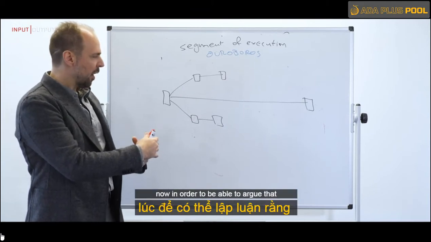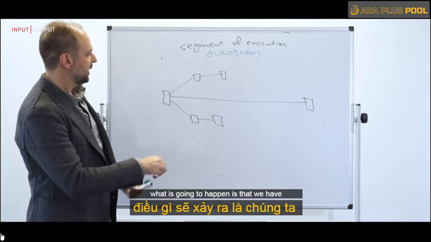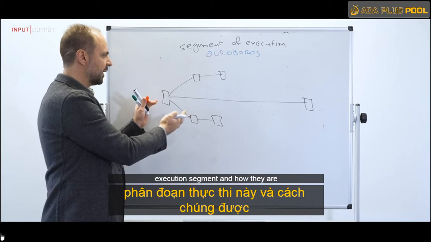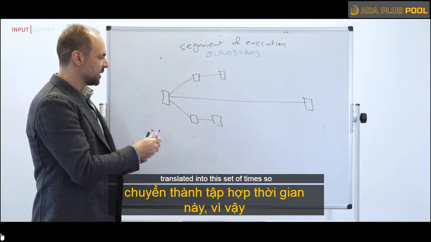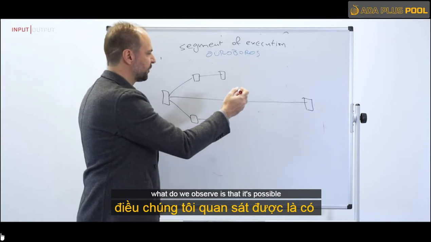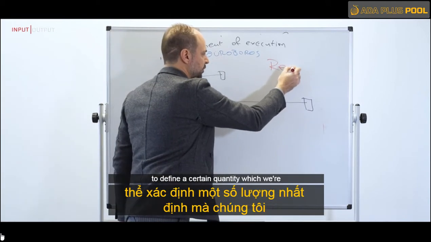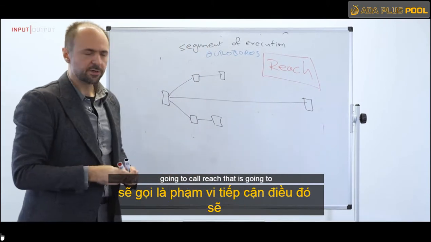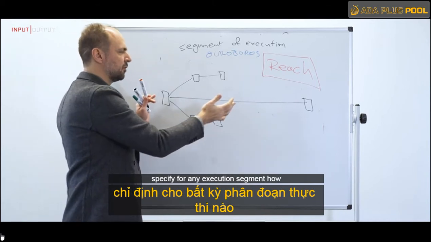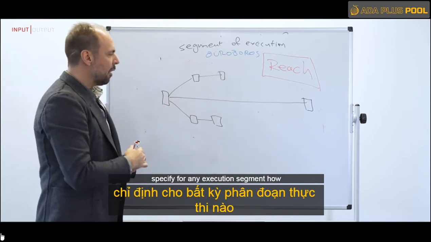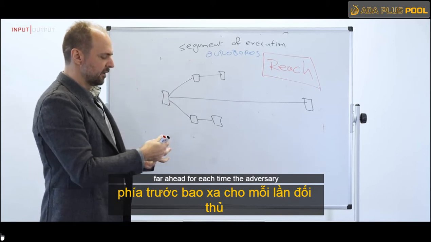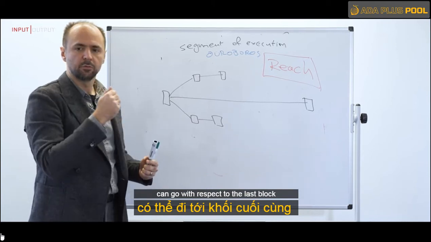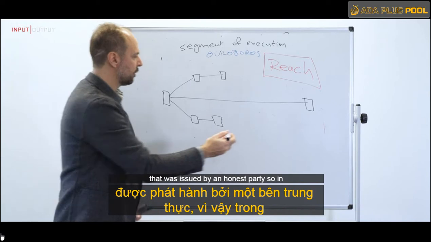Now, in order to argue that, we have to understand the dynamics of this execution segment and how they translate into this set of tines. So what we observe is that it's possible to define a certain quantity, which we're going to call reach, that specifies for any execution segment how far ahead for each tine the adversary can go with respect to the last block that was issued by an honest party.